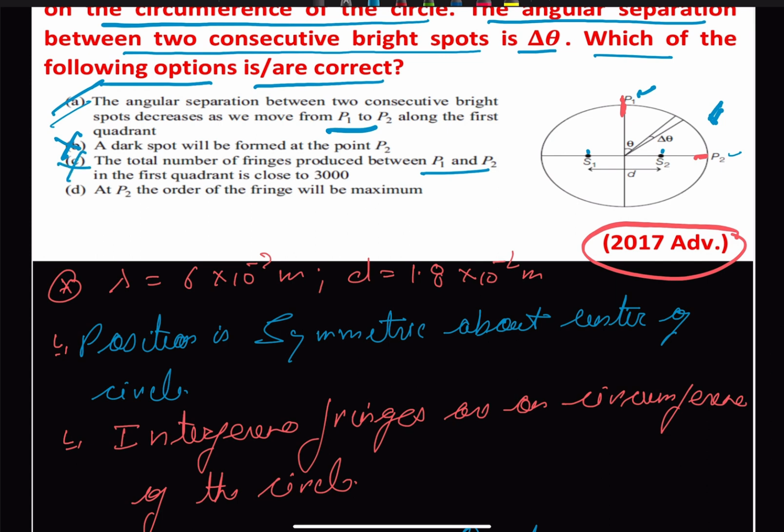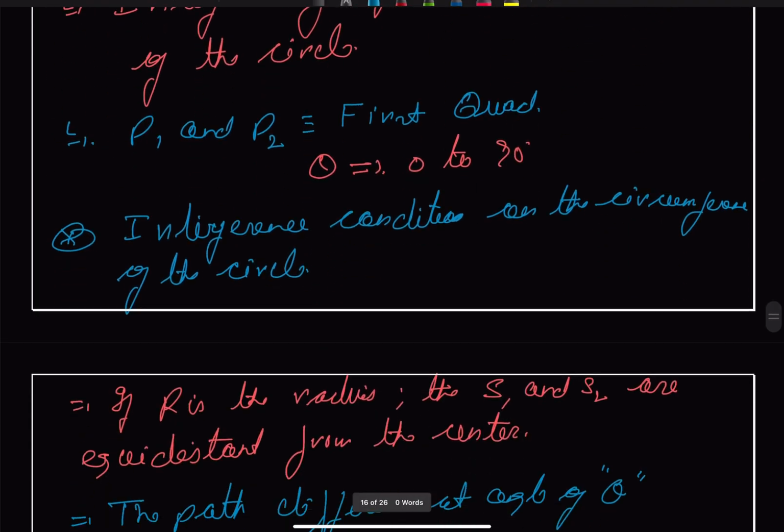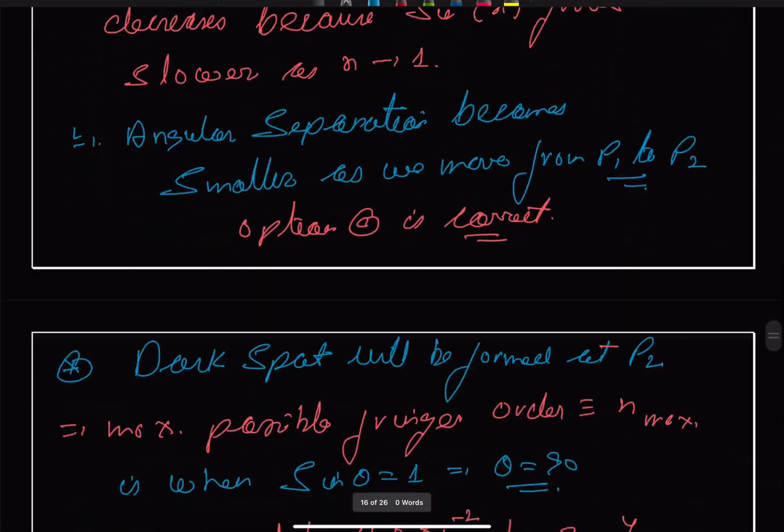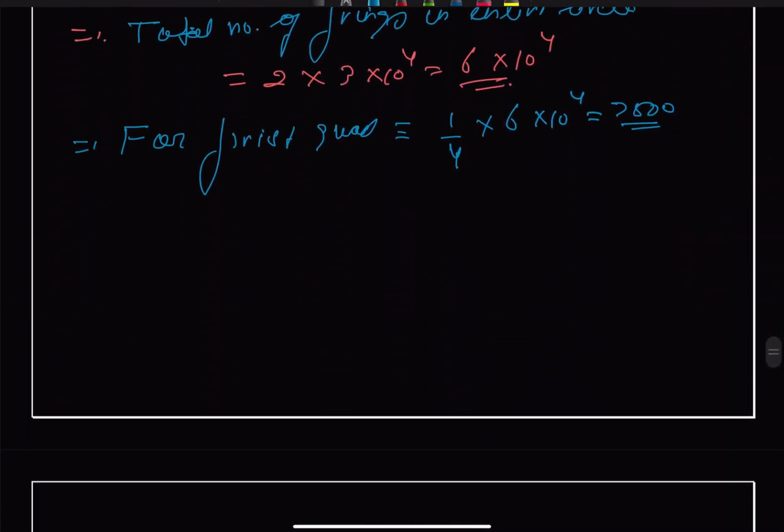So option C is also incorrect. And the last one, which says that P2 is maxima.